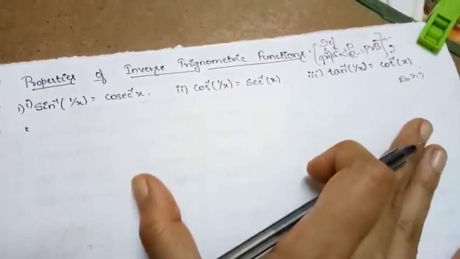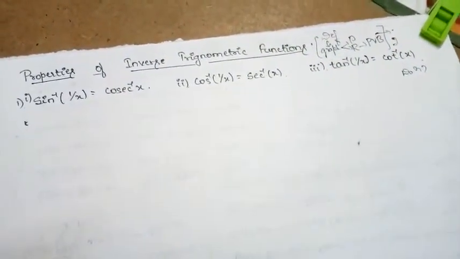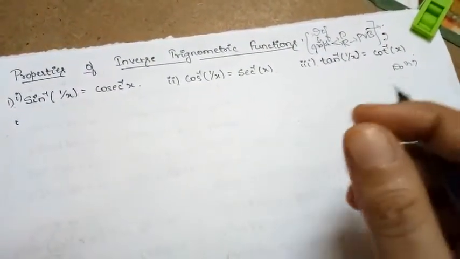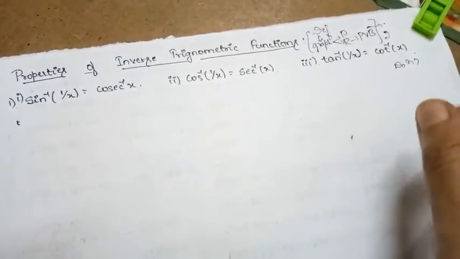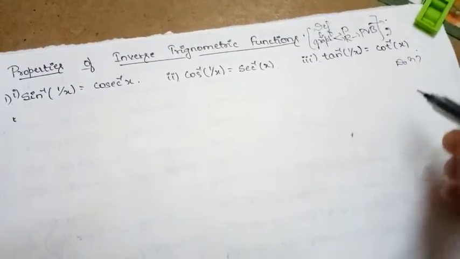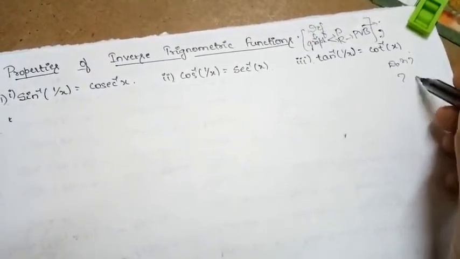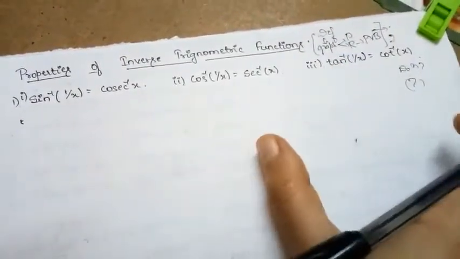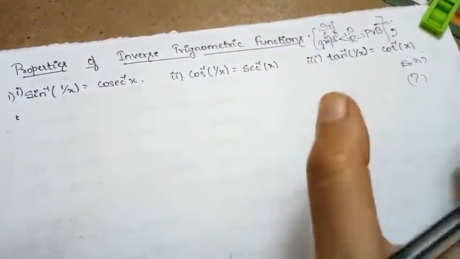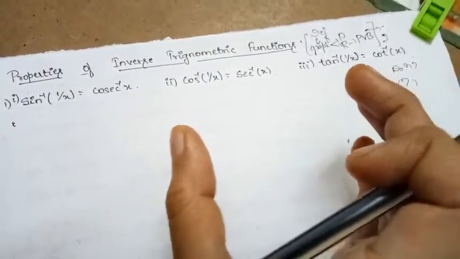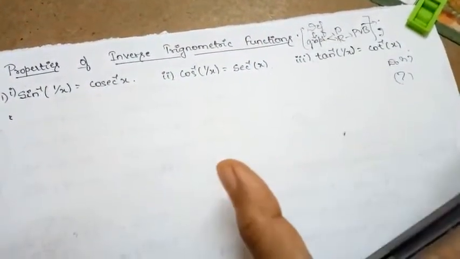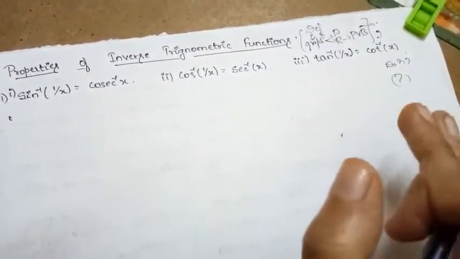There is no question in your NCERT textbook where the value is outside the given domain. Whatever questions are there, they have given within the domain itself, or within certain values which satisfy the property. So there is no need to worry about it.